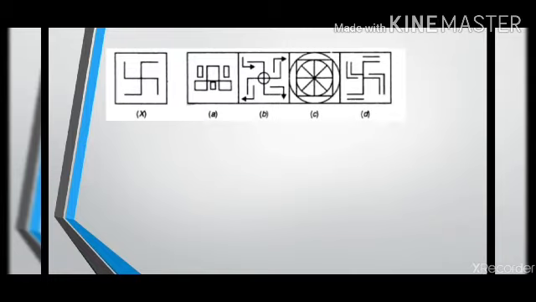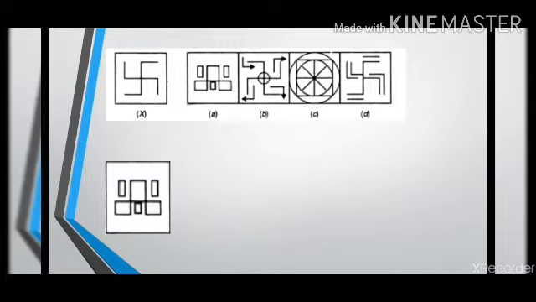Now let us take one more example for the same. This figure, this X figure looks somewhat like a swastik. Now, what we do usually is, when you are given a bigger picture, you take one part of it. For example, here I'll take the plus. I'll start looking for a plus in all the options.